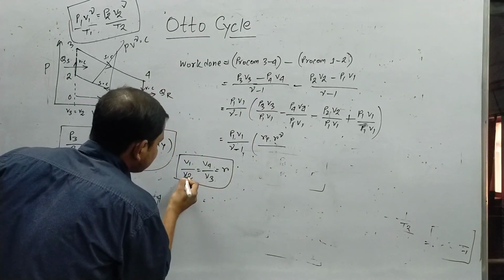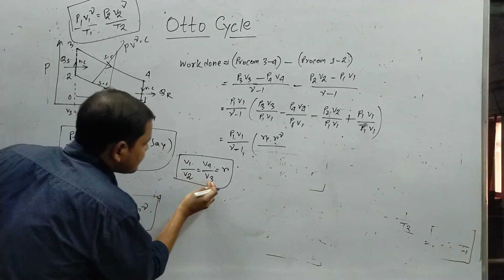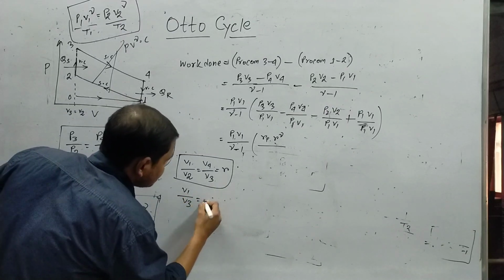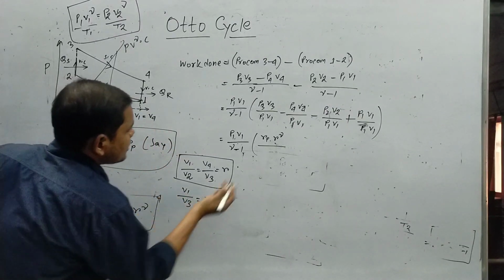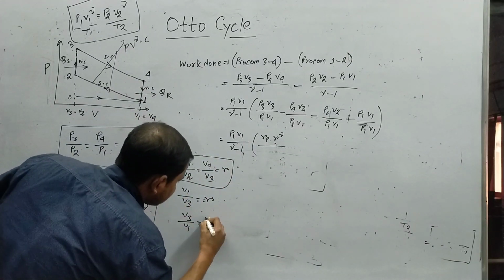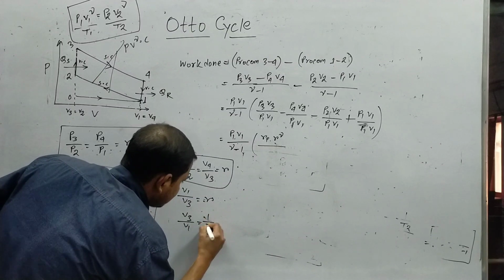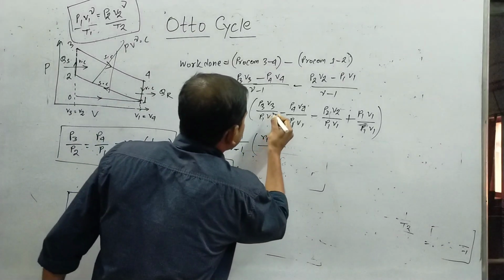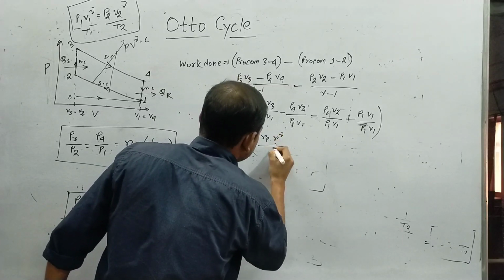Now as V2 is equal to V3, we can write V1 by V3 is equal to R, or we can write V3 by V1 is equal to 1 by R.